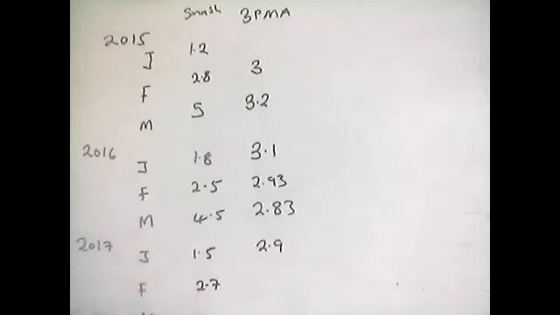And then the last one, this plus this, 1.5 plus 2.7 plus 3.1, divide by 3 is 2.4. So 2.4, that is our last moving average for this data that we have.